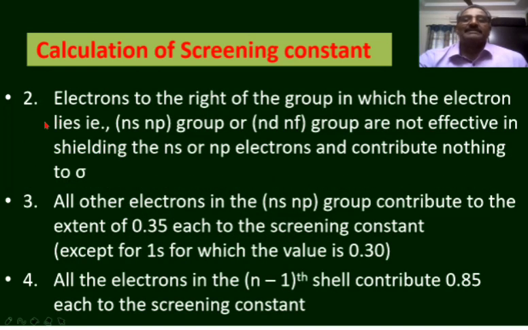The second rule is the electrons to the right of the group in which the electron lies, that is the electron under observation, for which we are going to calculate the screening constant, whether the electron under observation is in the ns np group or nd nf group, the groups which are at the right of that group are not effective in the shielding.